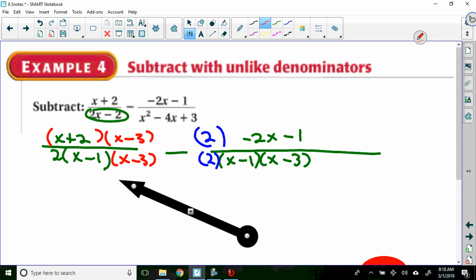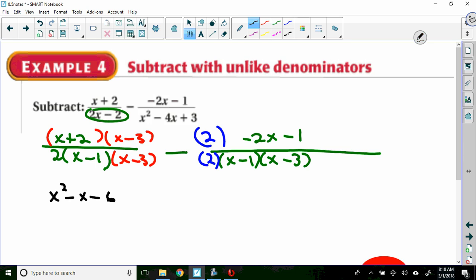Now we got a lot of stuff to clean up. So if we go ahead and FOIL out that numerator on the left, that's going to be x squared minus x minus 6 over 2 times x minus 1 times x minus 3. And everything's going to be over the same denominator.